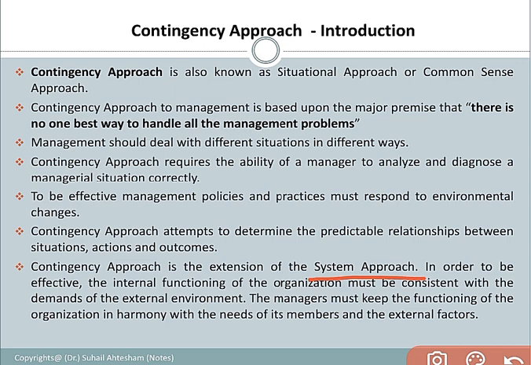So basically here, contingency approach is the extension of the system approach. It means that after dividing the system and subsystem specifically, we have to overlook the situation, and see the working in the formal organization, of the employees who are working at the subordinate level or supervisory level.